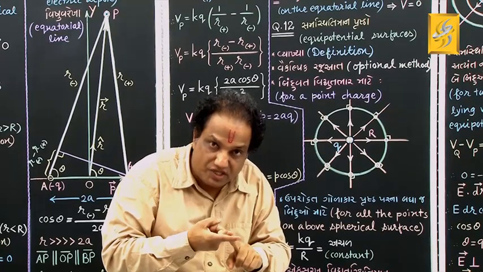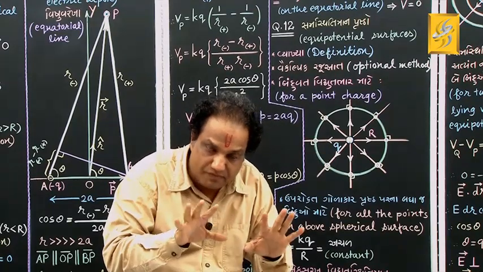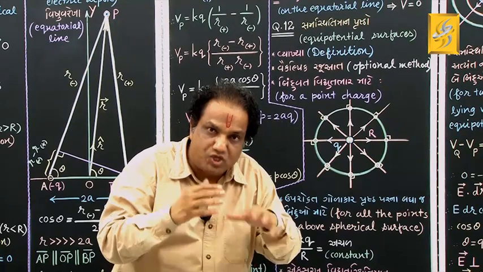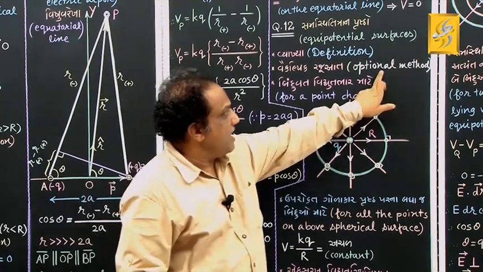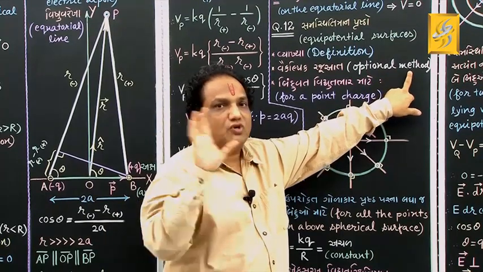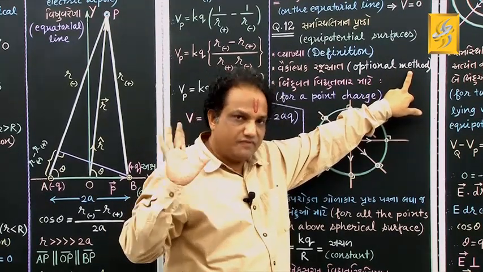So equipotential surfaces are shown in the diagram just to have one more pictorial presentation of electric field. So it is an optional method to show the presence of electric field. Okay, fine.